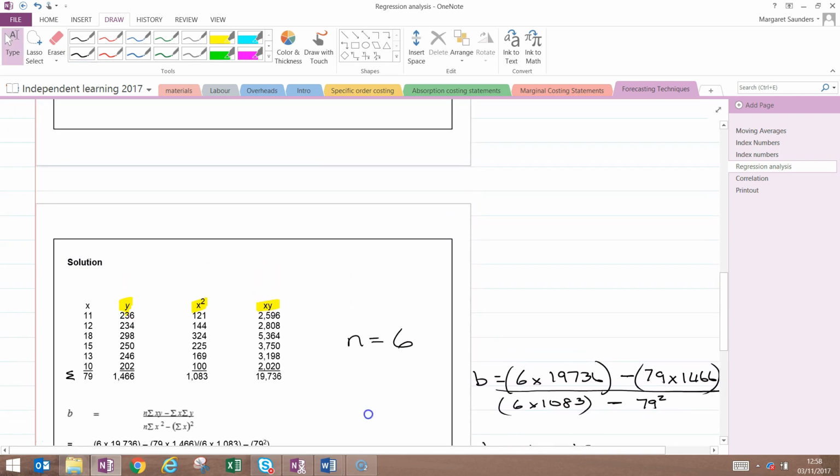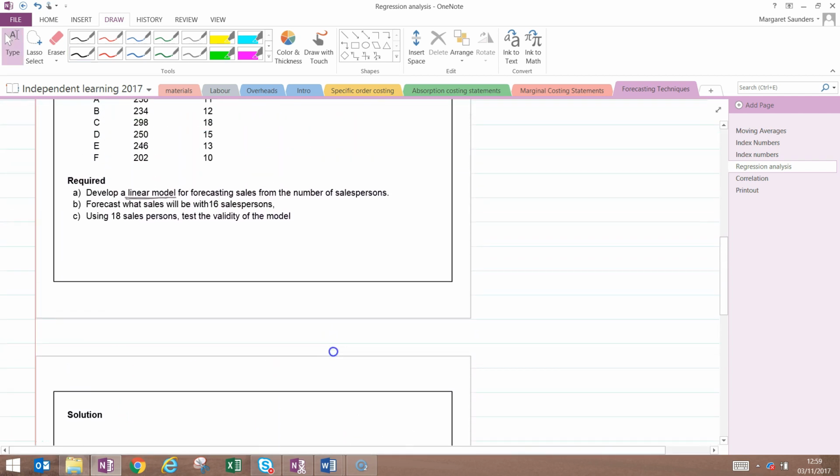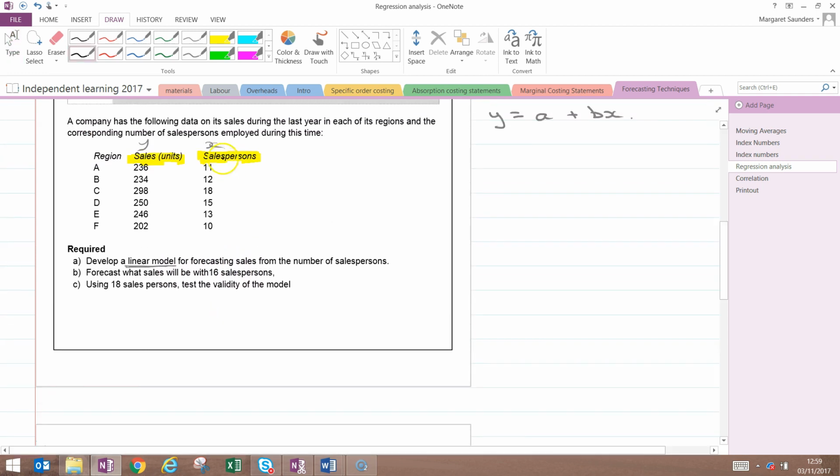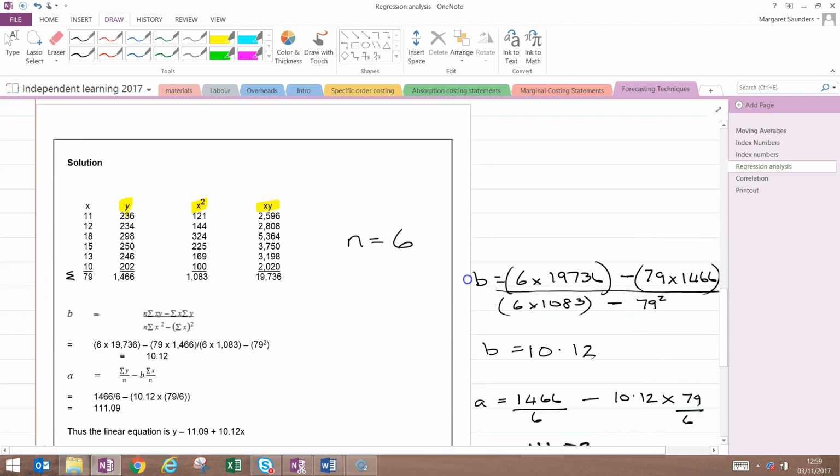So let's now look at what the next requirement was. So we've developed the linear model. So forecast what sales will be with 16 salespersons. Well, we know that X represents the salespersons. So into our linear model, for the value of X, we will put 16.